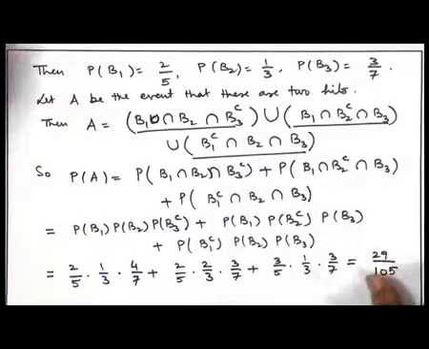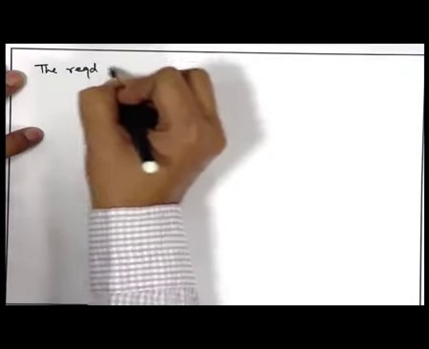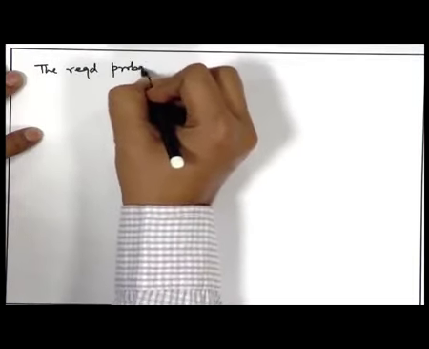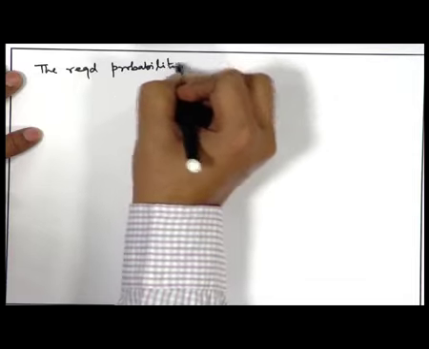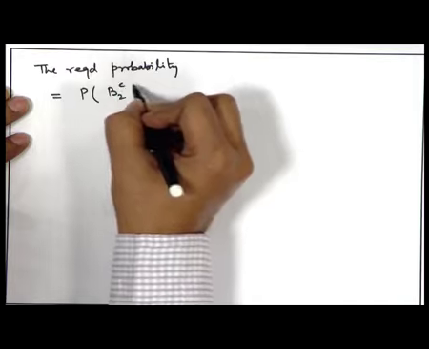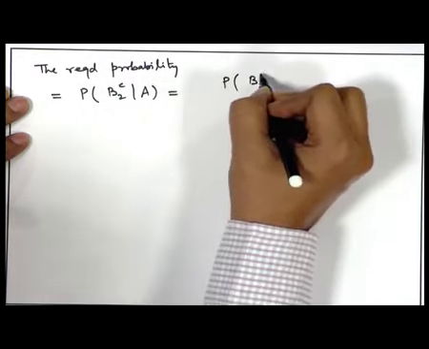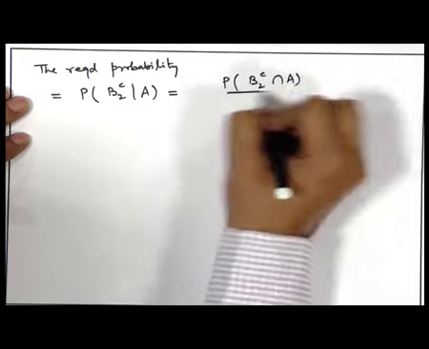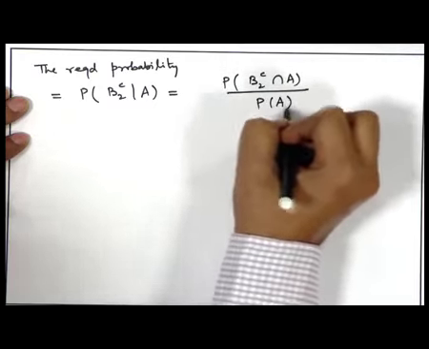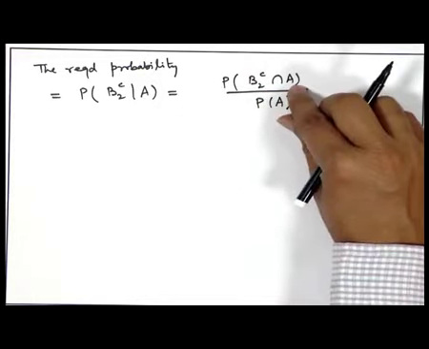So, we have to calculate the required probability, which is equal to probability of B2 complement given A, that is equal to probability of B2 complement intersection A divided by probability of A. Now, what is B2 complement intersection A?